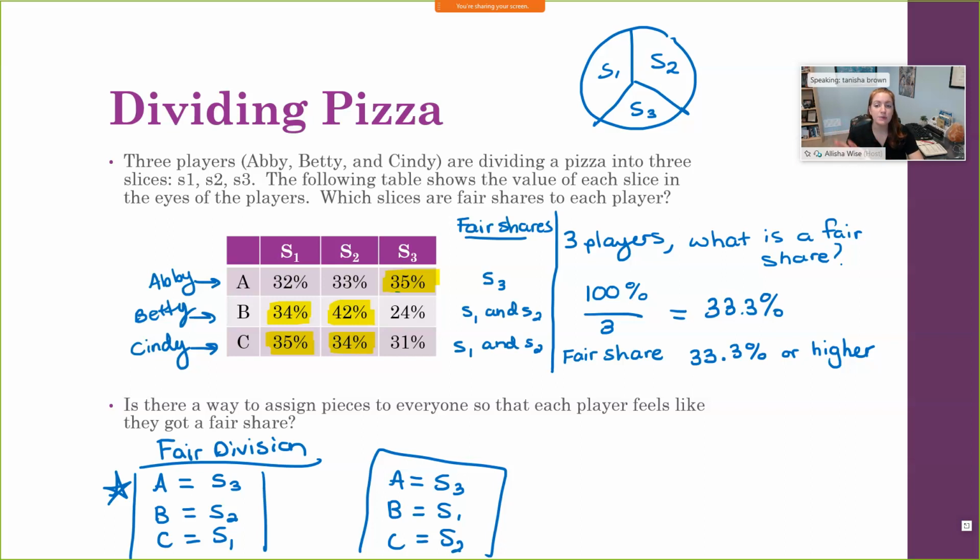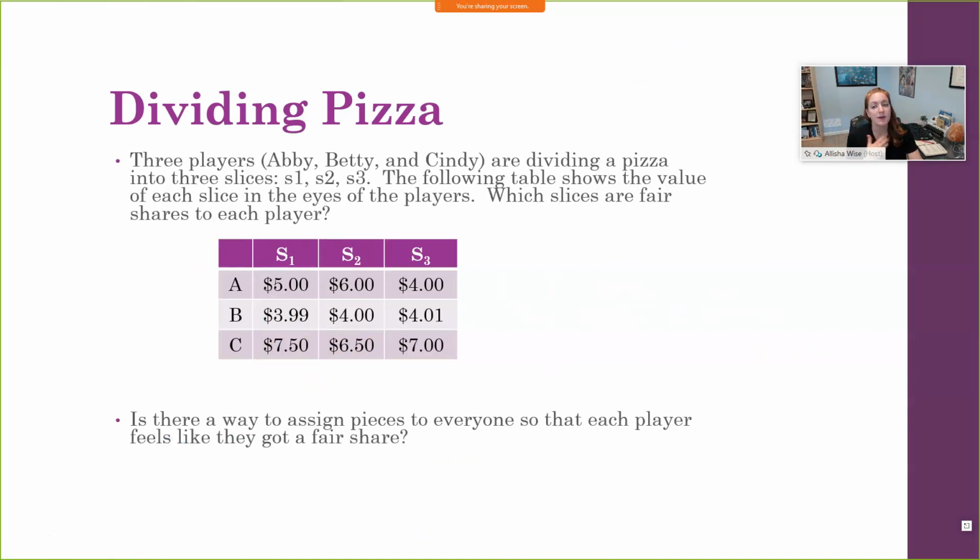Okay, so that's when we're working with percentages. See how they gave a percentage of how they felt about the pizza. But sometimes they can also do a dollar amount. We're still working with pizza because you know how I love food. We're cutting up that pizza, slice 1, slice 2, slice 3.